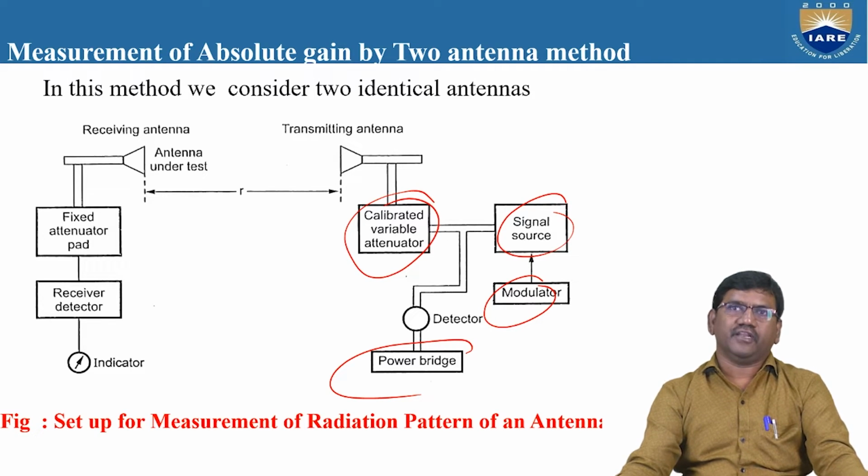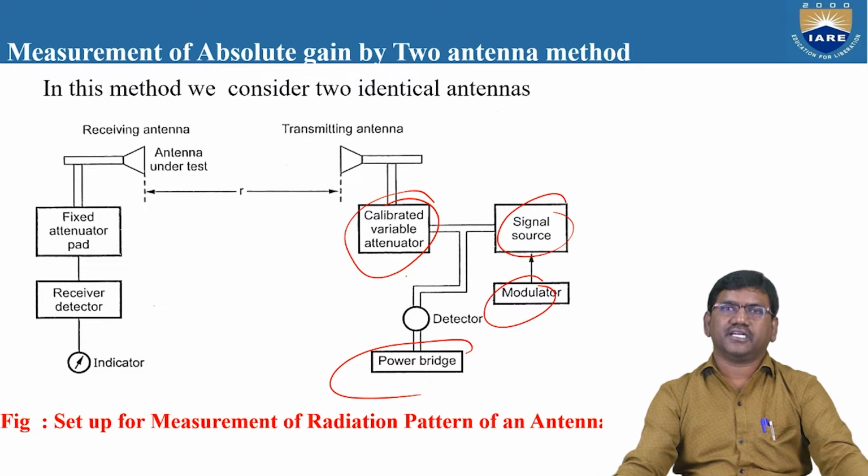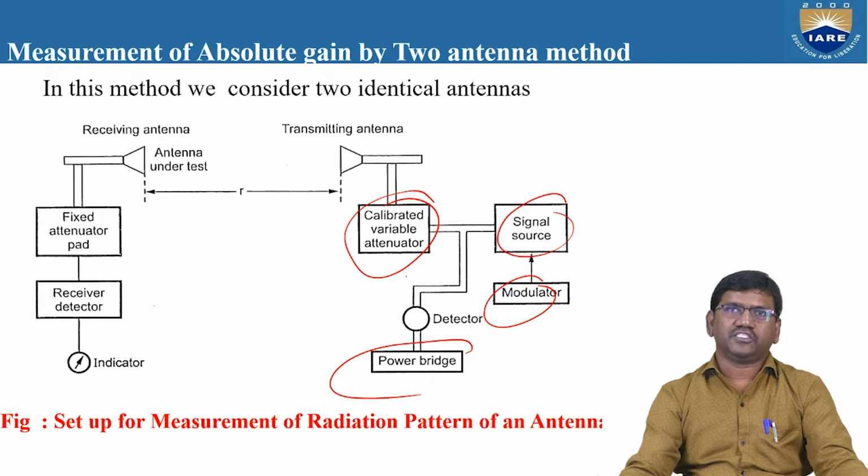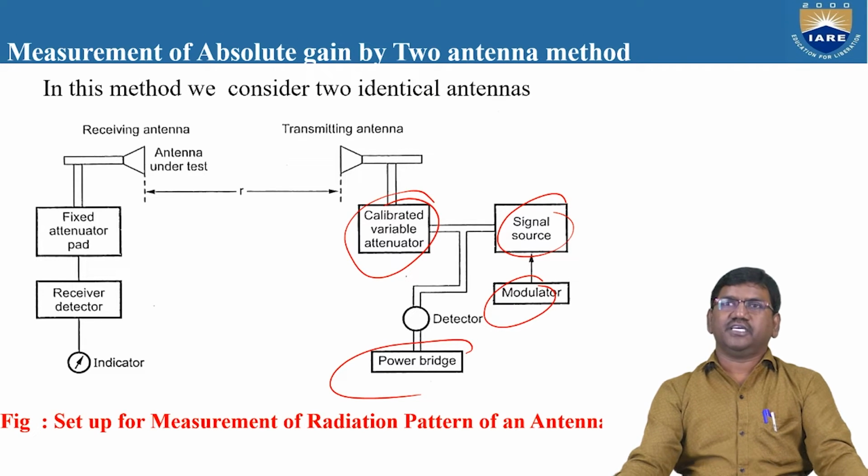Whenever we transmit, the signal has to be modulated. That means we need to apply some frequency, give some input voltage, and apply a method like amplitude modulation, frequency modulation, amplitude shift keying or frequency shift keying. Any type of modulation we can carry out with the signal.